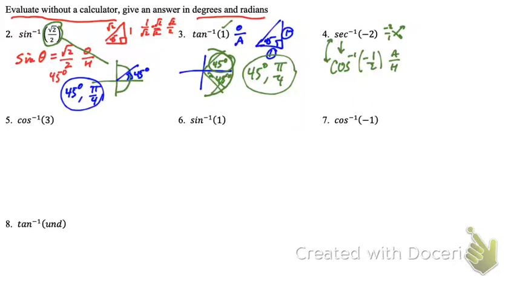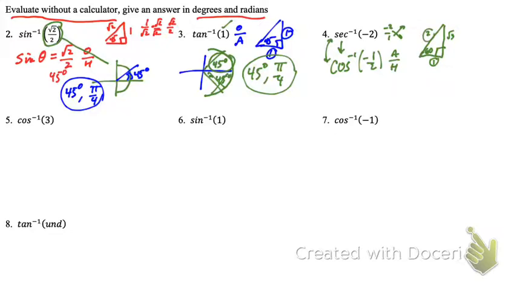So start thinking in your head, how can I get a +1/2? Don't worry about the negative. How can I get a +1/2 when I do an adjacent over hypotenuse? What has an adjacent of 1 and a hypotenuse of 2? What would that be? It would be the 60, because the square root of 3 is over there. So adjacent is 1, hypotenuse is 2.